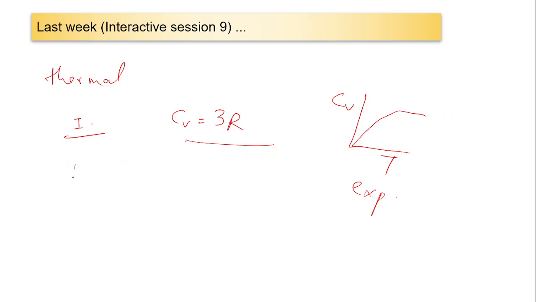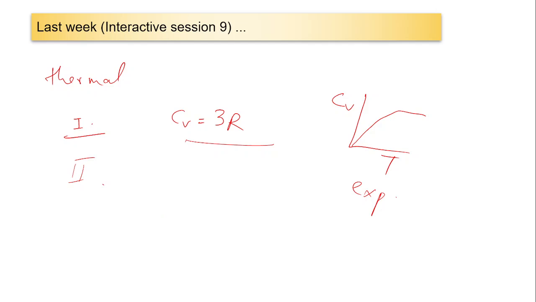Then another model was given by Einstein where he had considered quantization, and that was able to explain it at 0 and higher temperature.